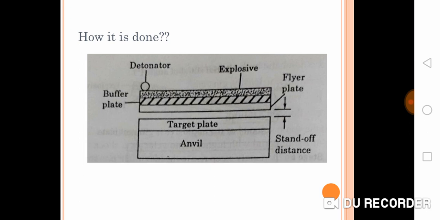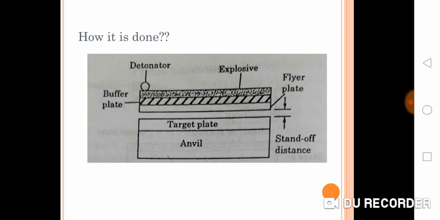In fact, the explosive is uniformly spread over the flyer plate, and when it detonates, it attains very high velocity and comes and hits the stationary plate. So that is why it is named the flyer plate. And the target plate means the flyer plate will always thrust towards the stationary plate, and that is the target. That is why it is the target plate. So never forget the names, target plate and flyer plate.